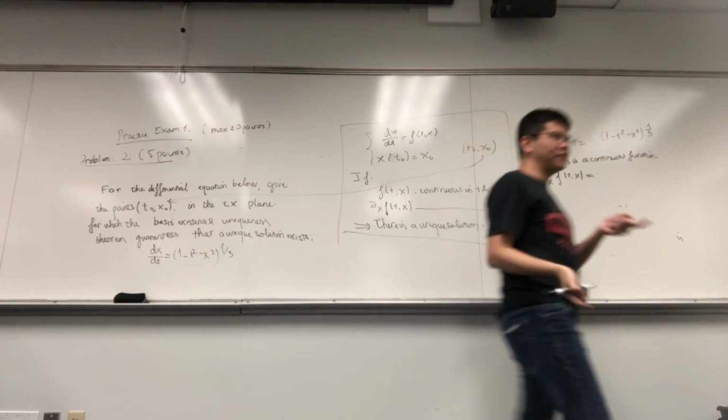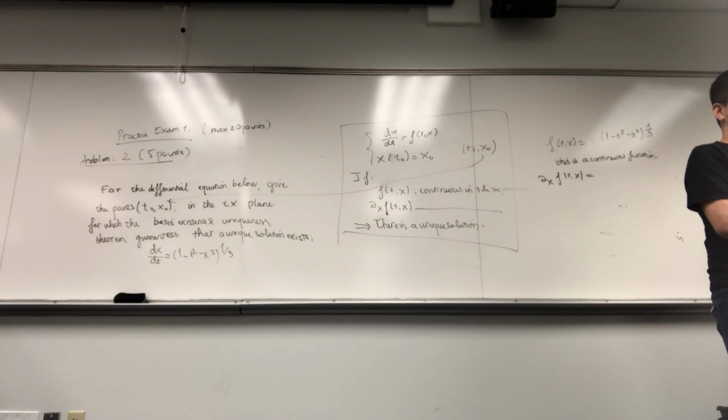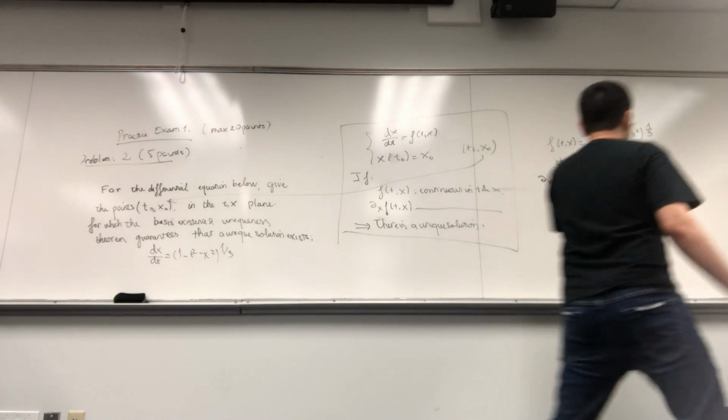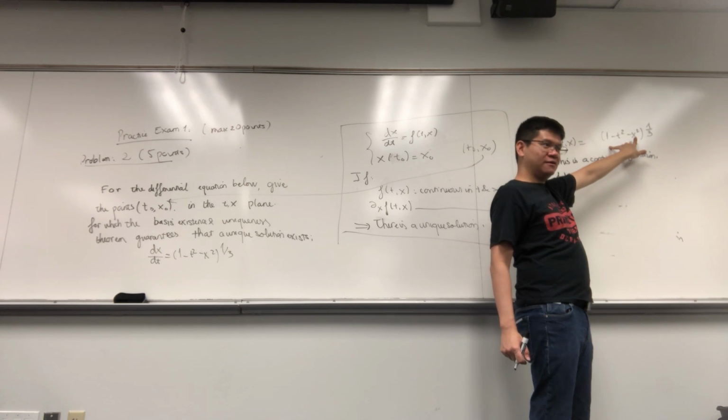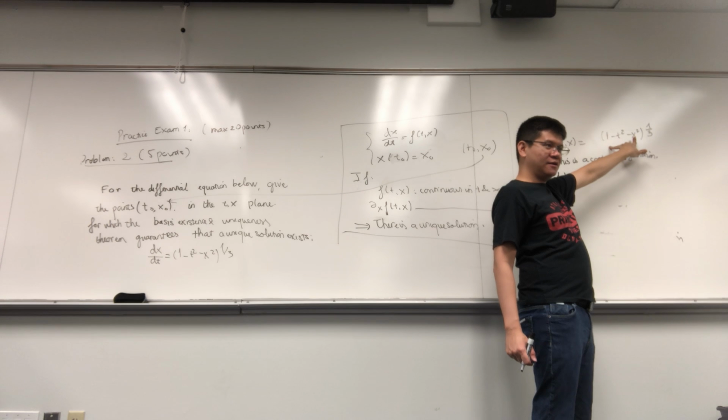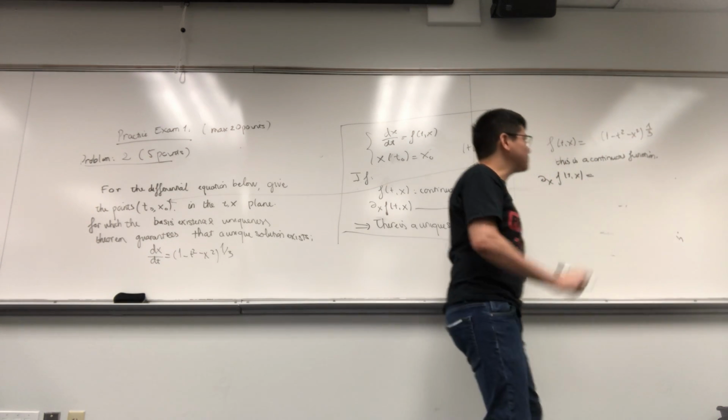What rule should I use? Chain rule, yes. So you're going to use the chain rule. The inside is 1 minus t squared minus x squared, and the outside is just the power 1/3.